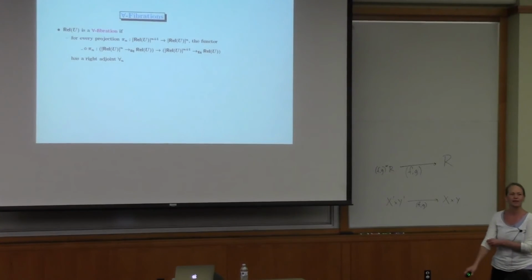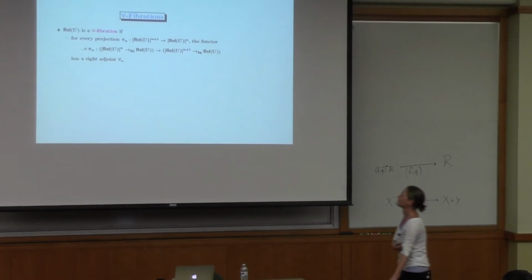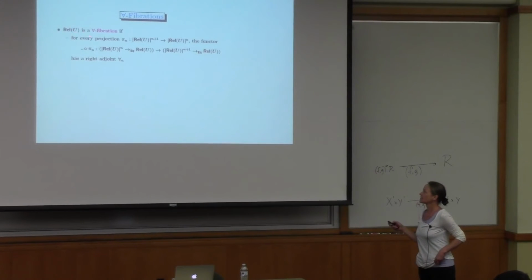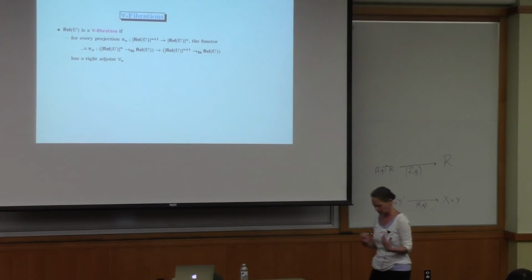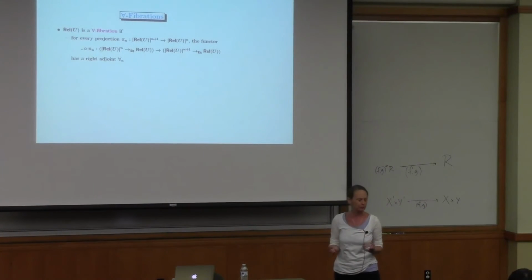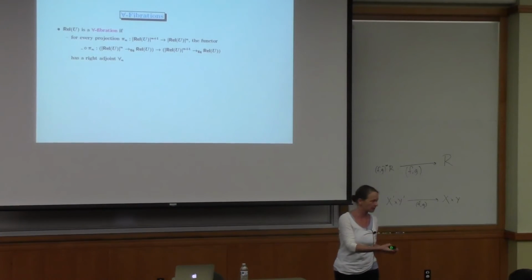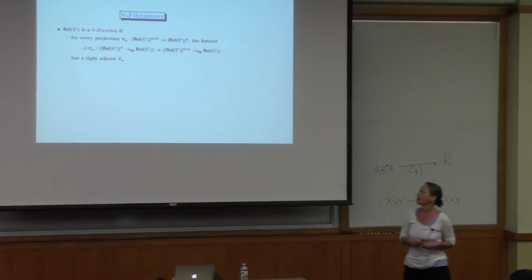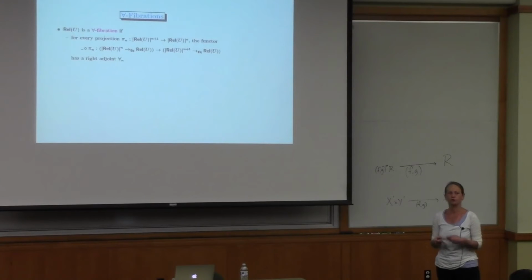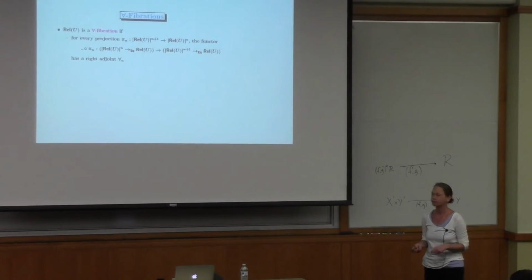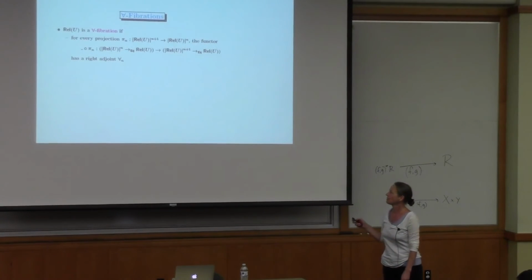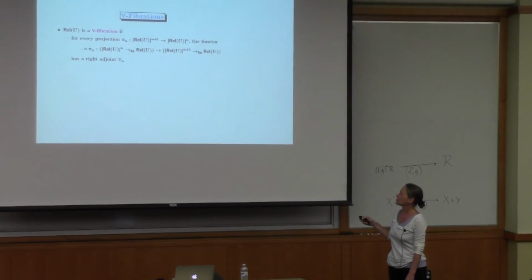Okay, so here's the last slide with technical content for today. I'm going to say, just like I said before, that rel u was an equality-preserving arrow fibration if it had enough structure to interpret the arrows. Here I'm going to say rel u is a for all fibration if it has enough structure to interpret for alls. So what does that mean? Well, if I take a projection, so that's like weakening, then I have to have a right adjoint.